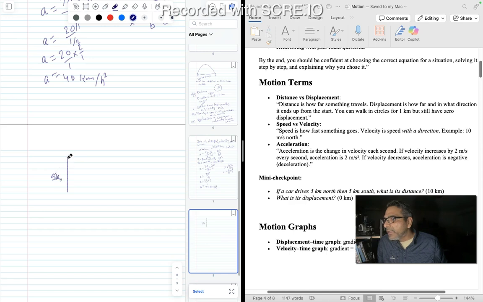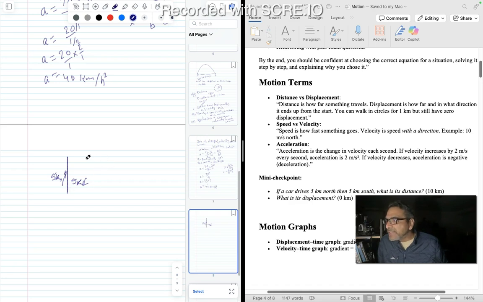And then 5 kilometers south, downwards and upward, right?